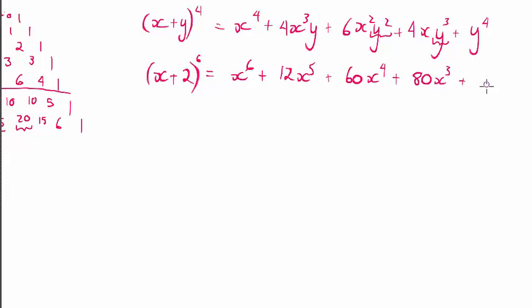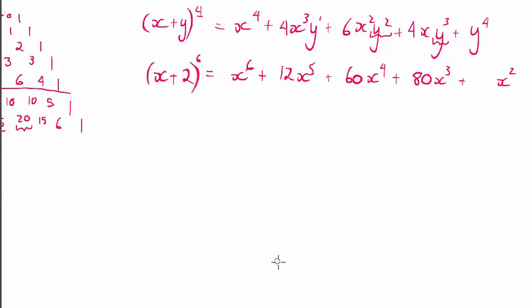Plus, now x is to the power of 2, y is to the power of 4. So notice here the x and the y exponents always add up to 6: 4 plus 0, 3 plus 1, 2 plus 2, 1 plus 3, and 4. So if x is 2, it means 2 will have an exponent of 4. You get it?